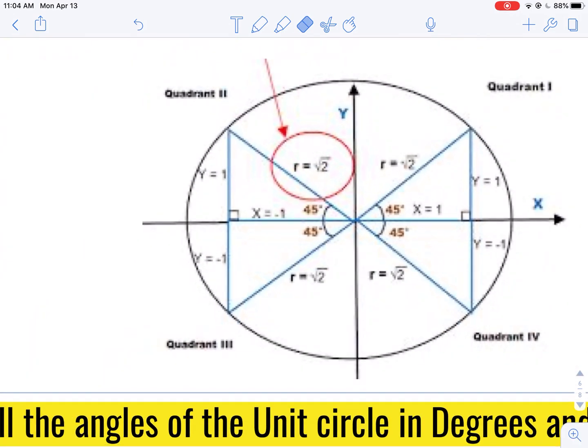But I'm just measuring it with respect to my closest x-axis, and those right angles are always found opposite the origin. So there's never going to be a right angle up here. That's not going to happen. There's never going to be my right angle here. That's not what I'm looking for. My right angle always occurs opposite the origin, and I'm going to be able to measure all of my angles that way.